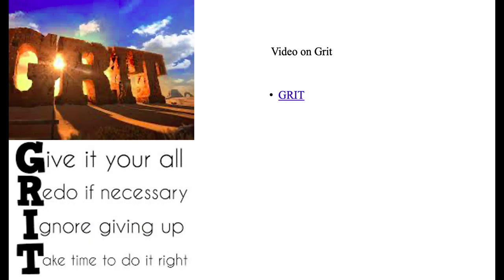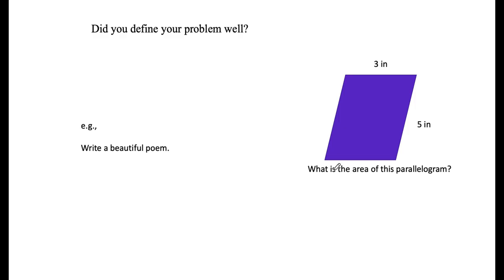Okay, now we'll look at how we solve problems. Problem solving has to do with how you define the problem. There are problems that sometimes have a single correct answer, right? So if you define the problem very well, that will lead to a very definite answer.